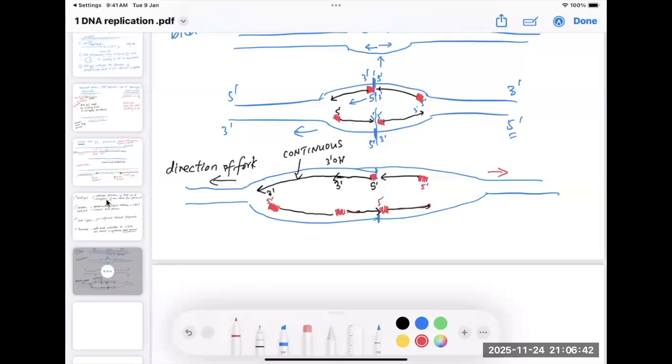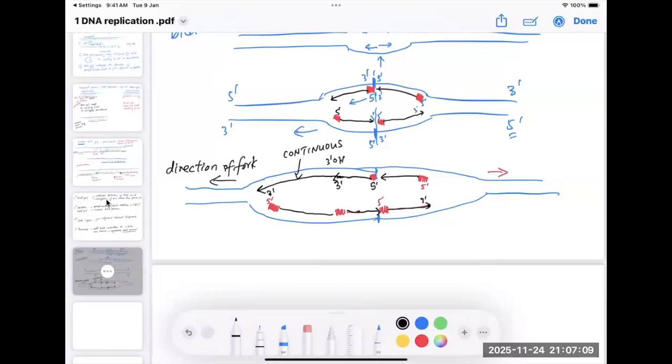Bottom. Bottom one will do what? You need 5' to 3'. This is 3', right? Yeah. So what happens here to this end? Continue or put primer? Primer.